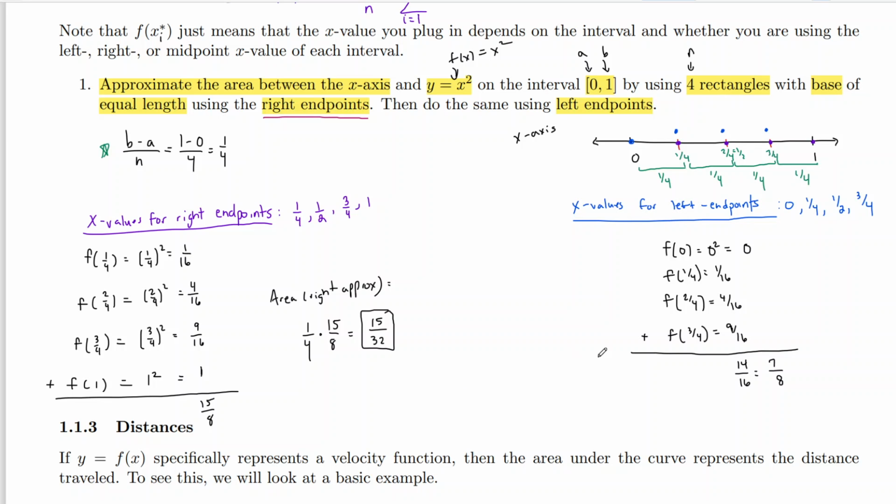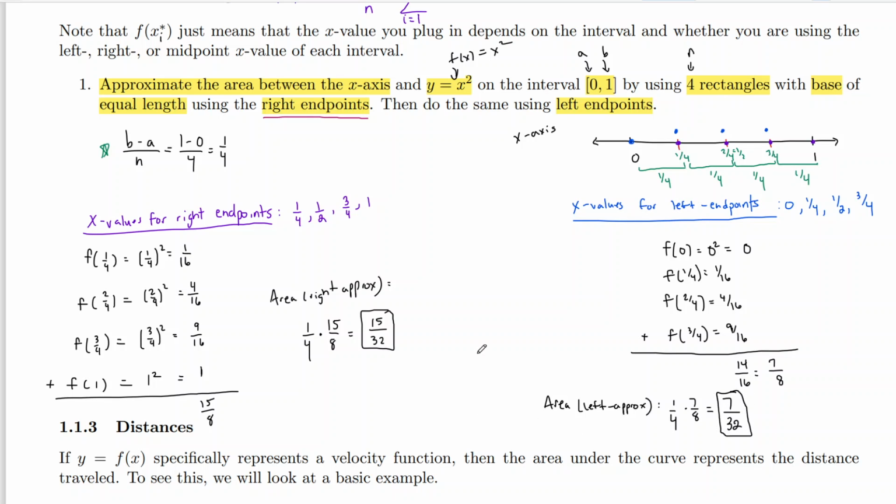And then we want to finish by doing the left approximation. Now that we've added all the function values together, we have 7 over 8. And we multiply by b minus a over n, which is the same thing again, 1/4. And you get 1 times 7 is 7, over 4 times 8, which is 32.